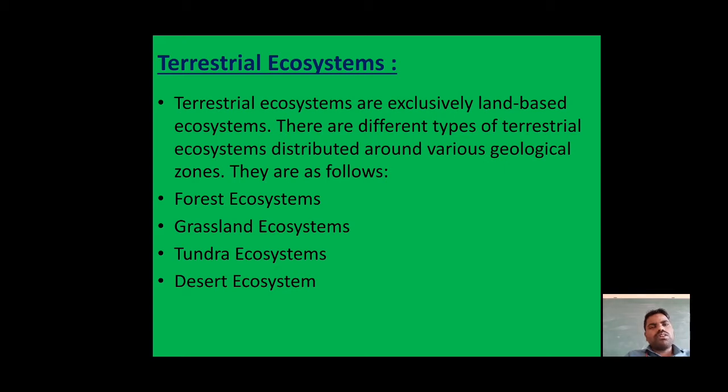Based on that, we have classified the terrestrial ecosystem as forest ecosystems, grassland ecosystems, tundra ecosystems and desert ecosystems. Terrestrial ecosystems are plant-based ecosystems, distributed around various geological zones in the world. Here we'll discuss one by one. First one, forest ecosystems.